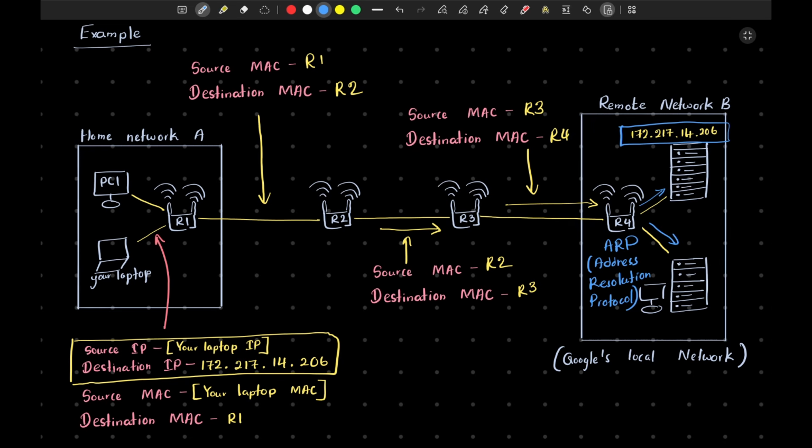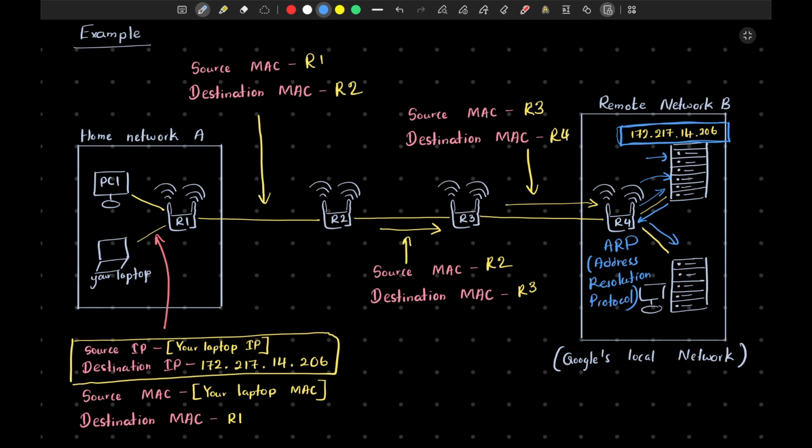So this router broadcasts that message, and this particular server, after getting that message, since it has that particular IP address, will send its MAC address to router 4. Then this router will send the Ethernet frame and the data to this server.